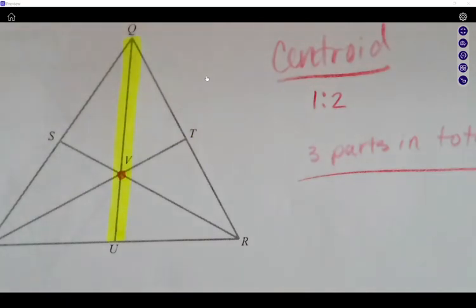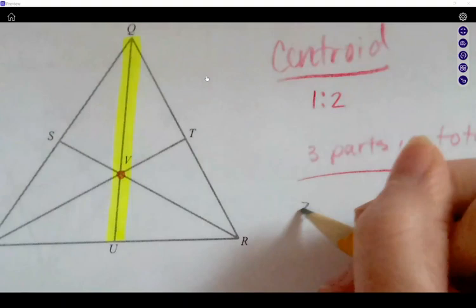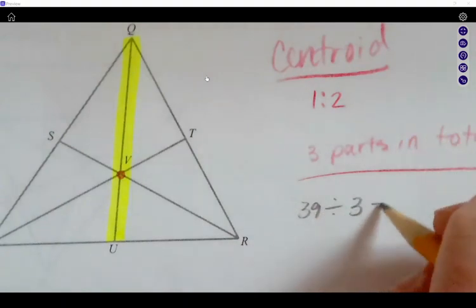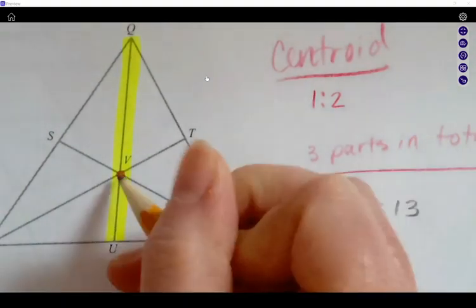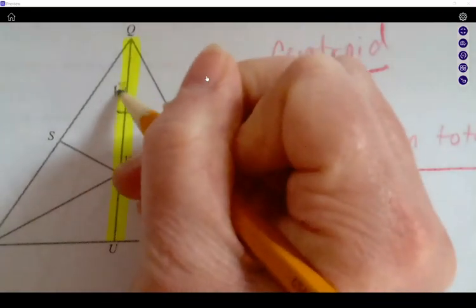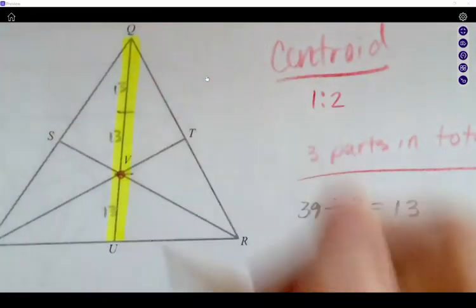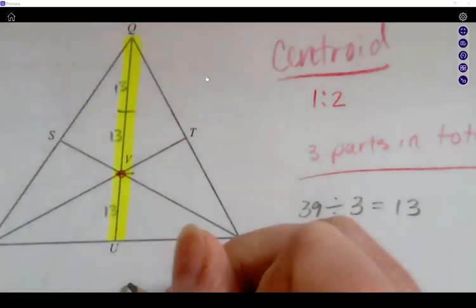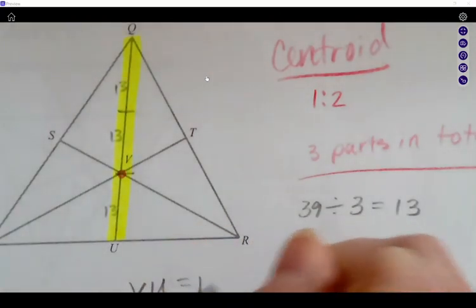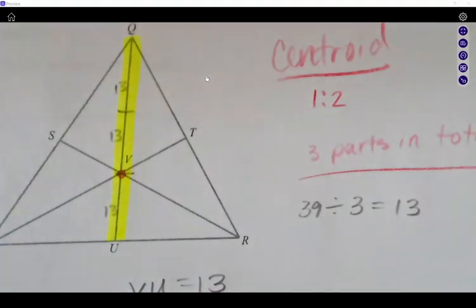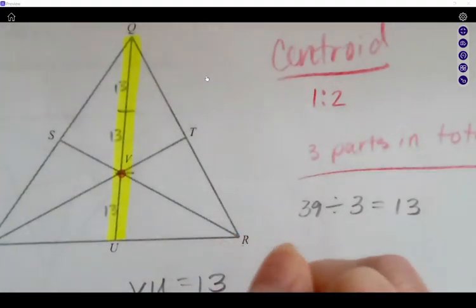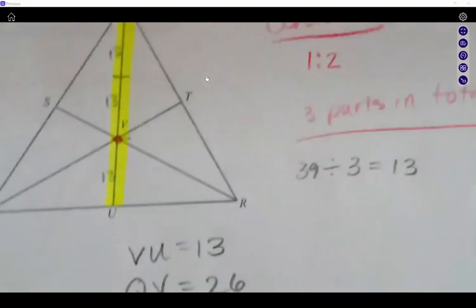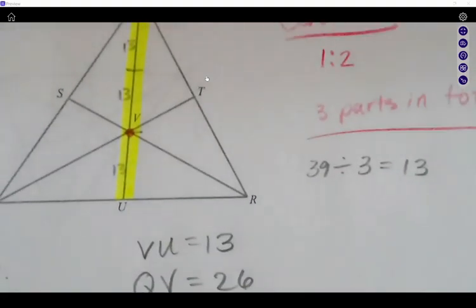Since we're working in that 1-to-2 ratio, I like to take that 39, divide it by 3, and I get 13. So that tells me that each third of this is worth 13 units. So what is the measure of VU? Yeah, it's 13. What about QV? Yeah, 26.